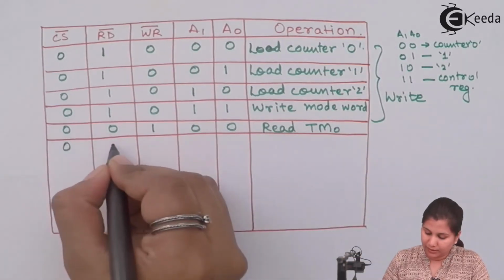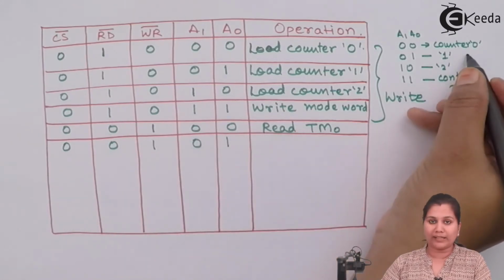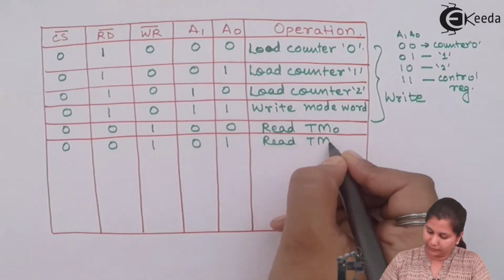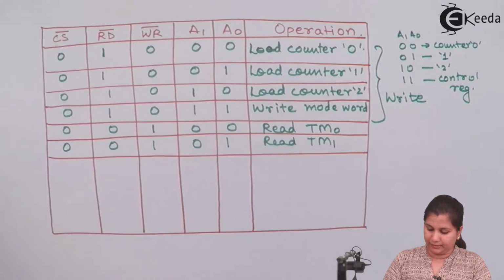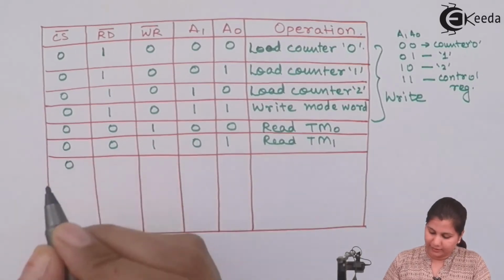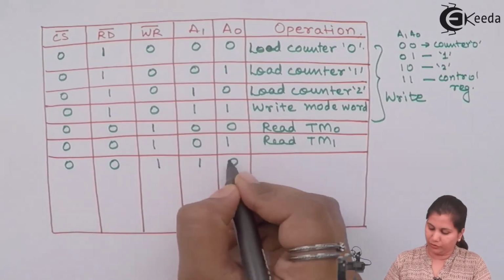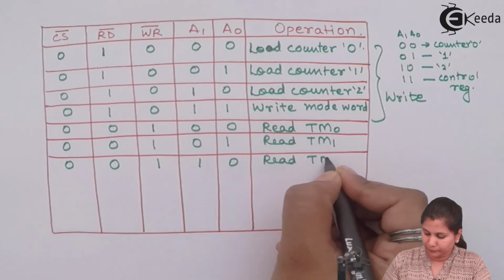If it is 0 1, then counter 1 is selected, so it will read timer 1. Then again chip select is 0, read is 0, write is 1, and it is 1 0, then it will read timer 2.